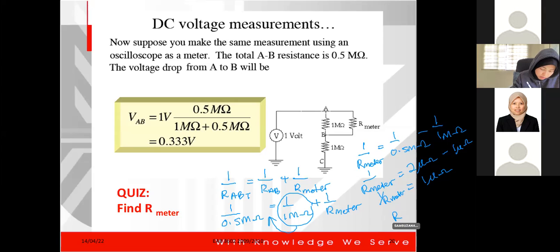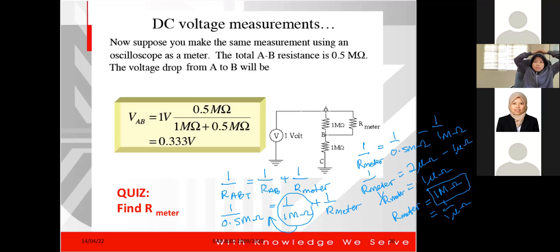So R meter is equal to 1 mega ohm lah. Sebab 1 over R meter adalah 1 micro, so R meter mestilah sama dengan 1 mega ohm, sebab R meter ni sebenarnya sama dengan 1 bahagi dengan 1 micro. Kan? So you akan dapat 1 mega ohm.